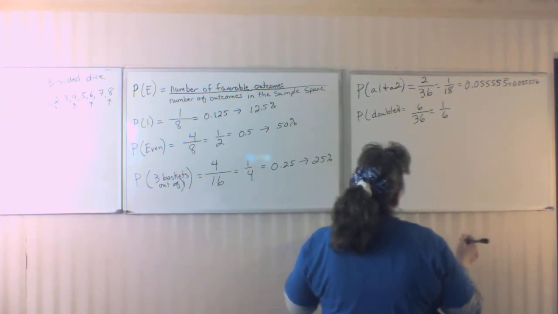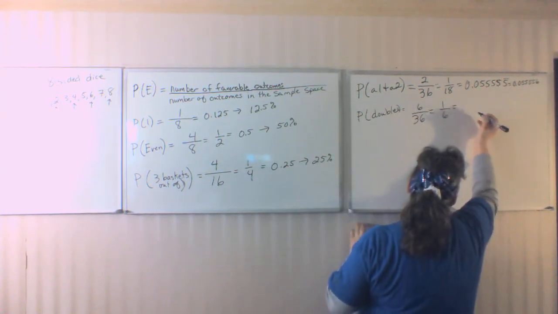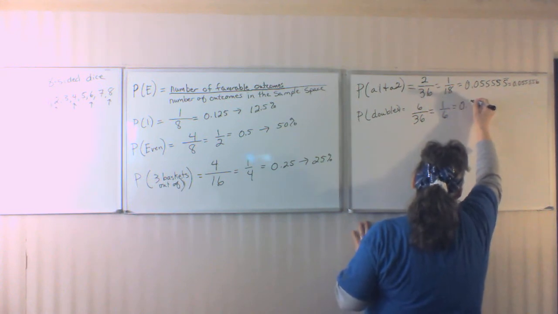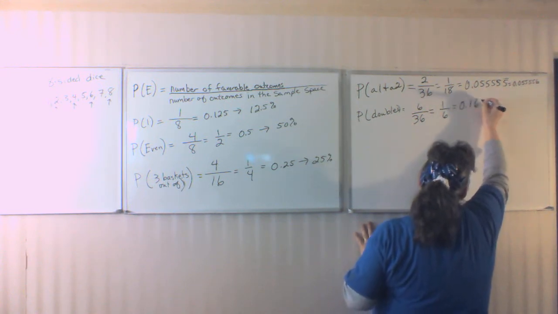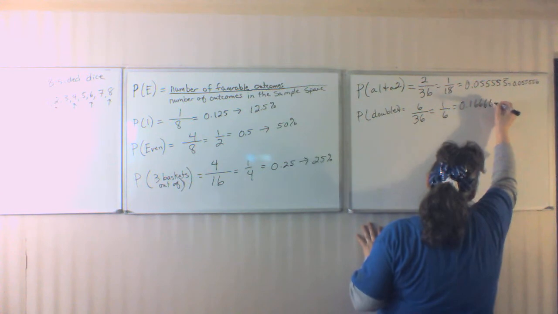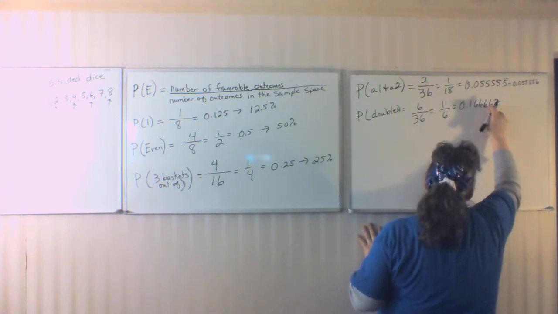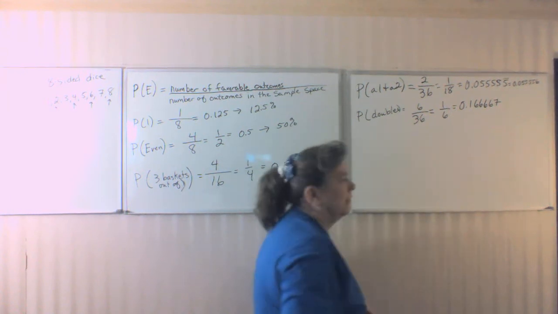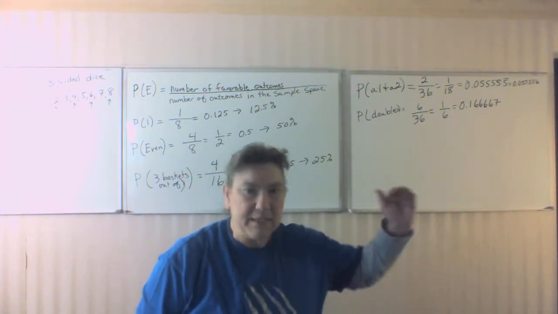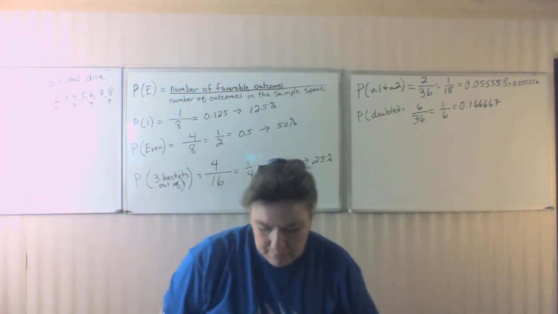And again, that 1/6 is 0.1, and then 6 is repeating, so it's going to round up to 0.167 because it'll be 6 6 6 6, making it round up.